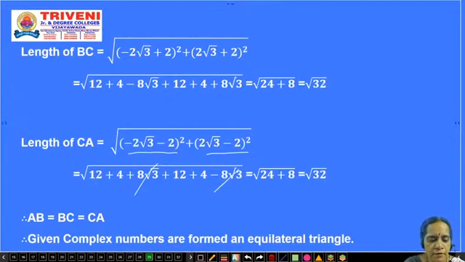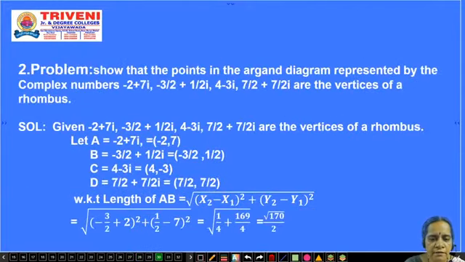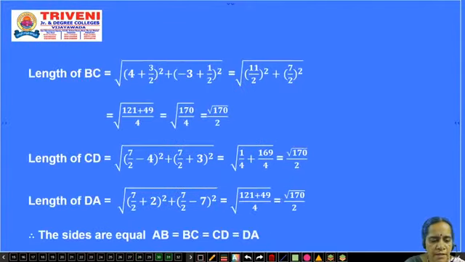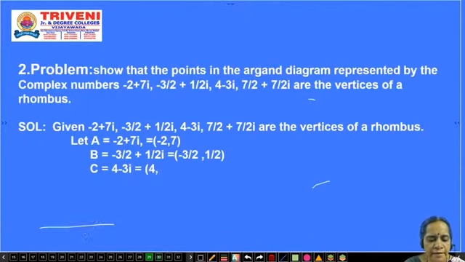Here we have to find the value of AB is equal to root 32, BC is equal to root 32, and CA is equal to root 32. These three values are equal. Then AB is equal to BC is equal to CA. The three distances are equal. Therefore, it forms an equilateral triangle.